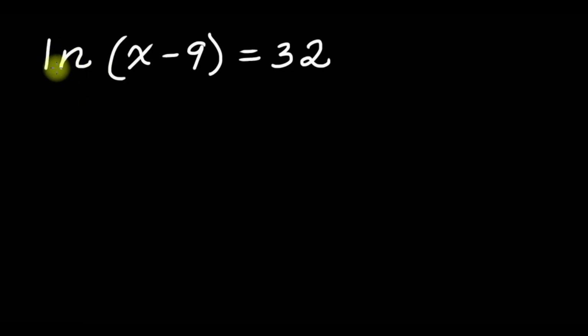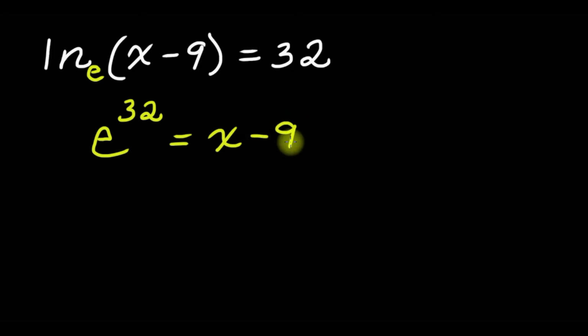The base for the ln is going to be base e. You don't see a base here, but you have to know it's base e. So that would be e to the 32. The 32 is the exponent, and that's going to come out to x minus 9.